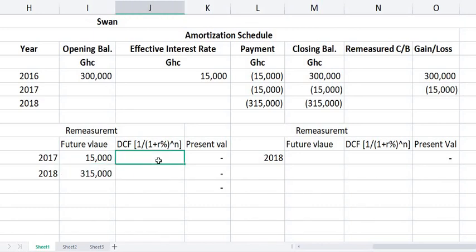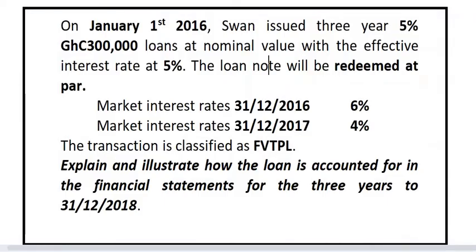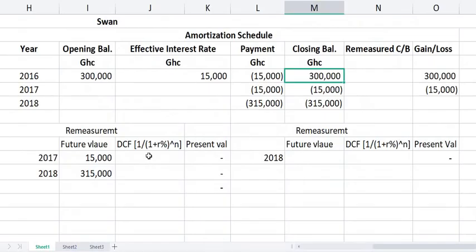If you want to find the discounting factor, we use 5% for 2016, assuming there wasn't any change in interest. We want to prove that the present value of the unpaid amount is equal to 300,000, using the actual effective interest rate of 5%.